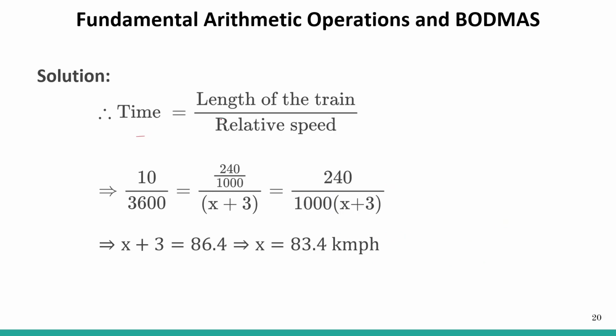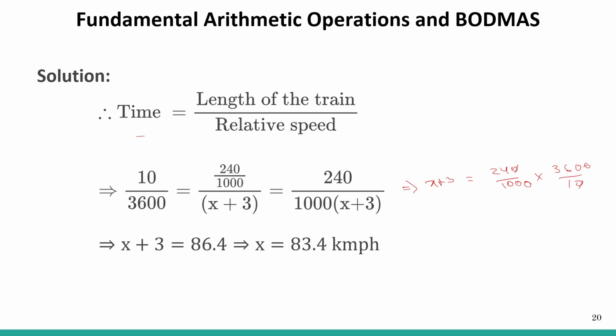So let's see. Time is equal to what? Length of the train by relative speed. So 10 by 3600. We write it in this form because we want it in kilometer per hour, and the data we are given is in seconds and in meter. Okay. So 240 by 1000 into x plus 3. So this implies that x plus 3 is equal to what? 240 by 1000 into 3600 by 10.